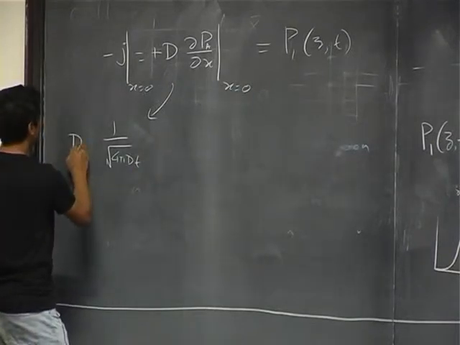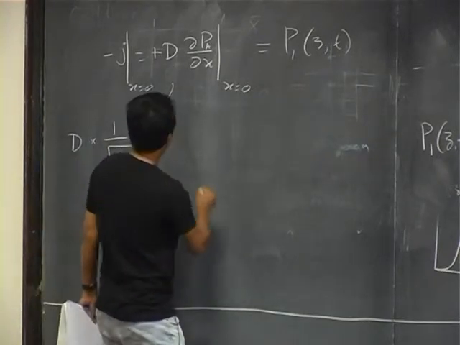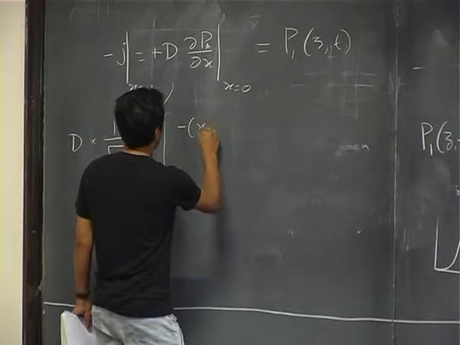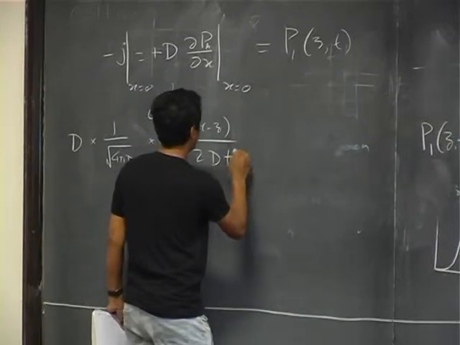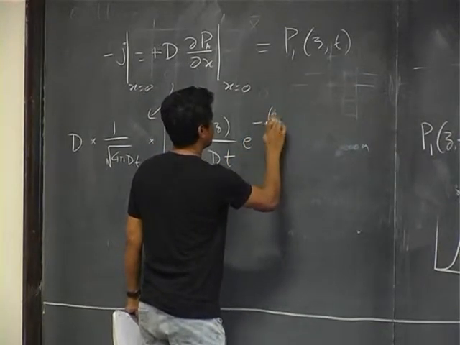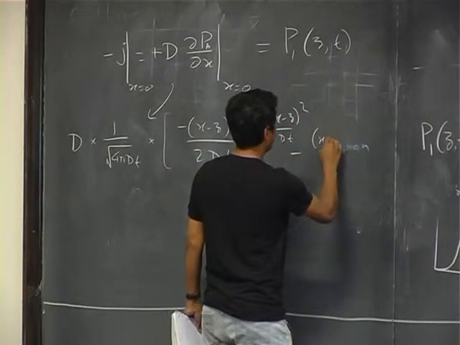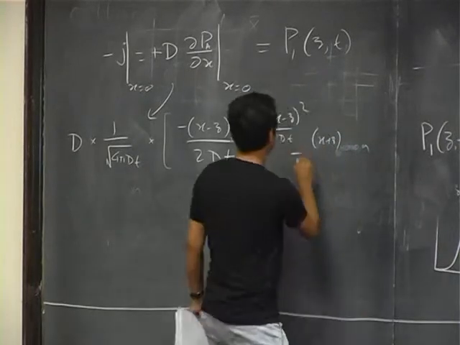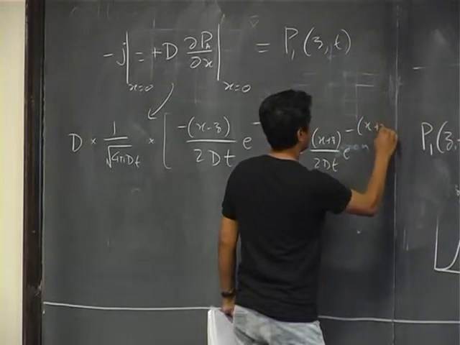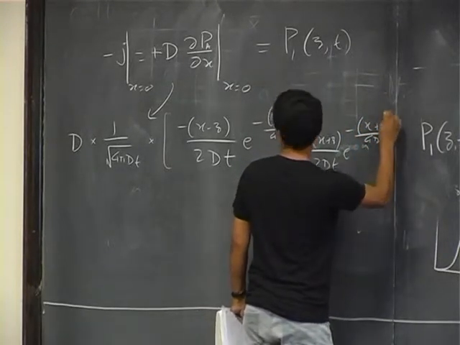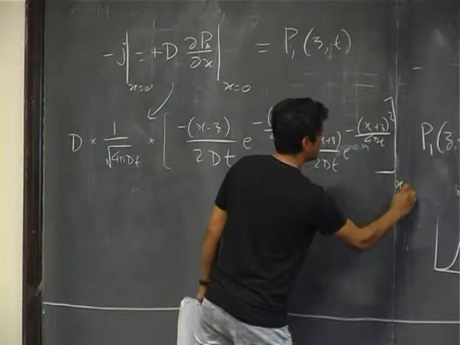So there's a D times z, and then I have to set x to 0.